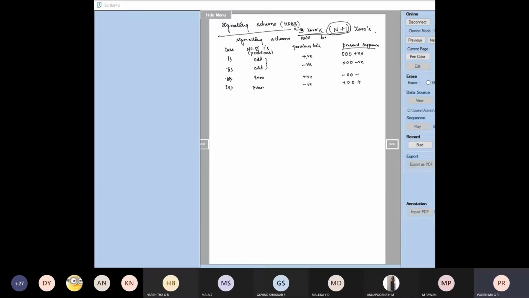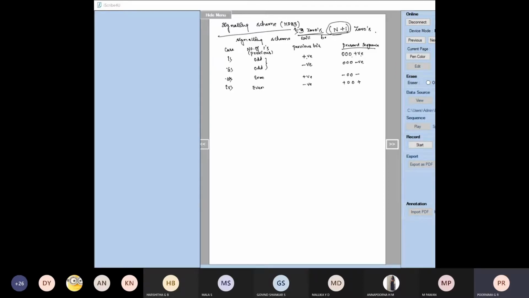If the zeros are trailing in any sequence and the number of zeros is more than 3, then n plus 1 zeros are needed. How do we represent this in HDB3? The 3 represents after 3 zeros. So n plus 1 zeros should be there to use this HDB3 coding.